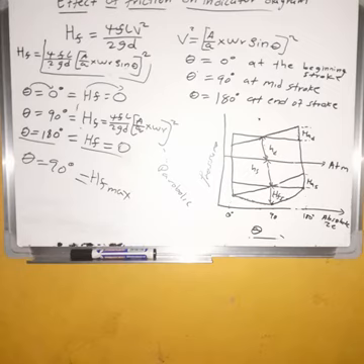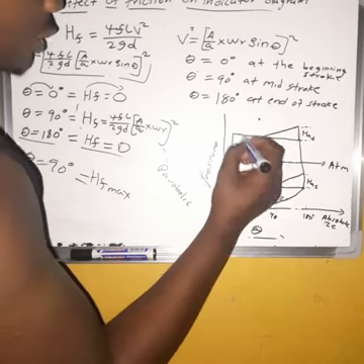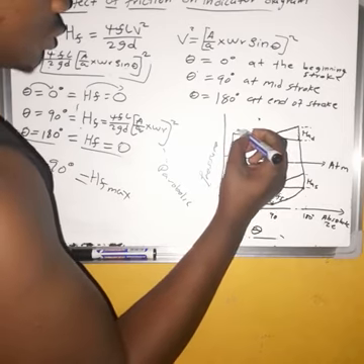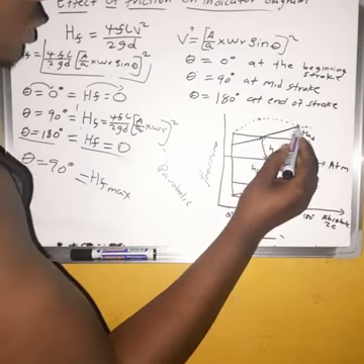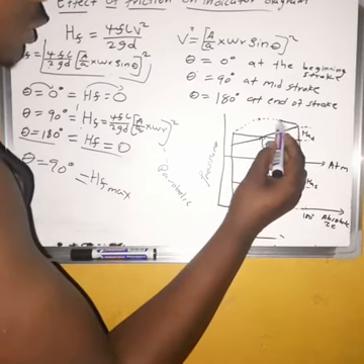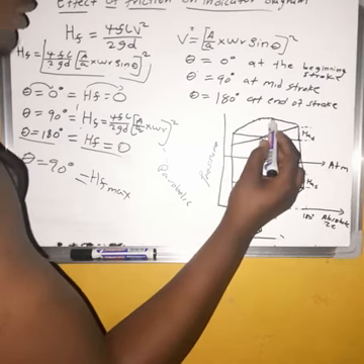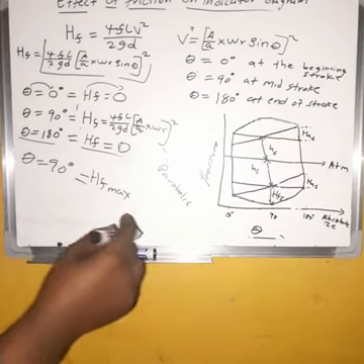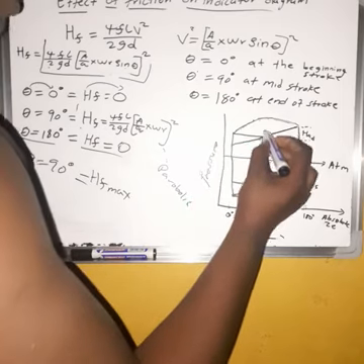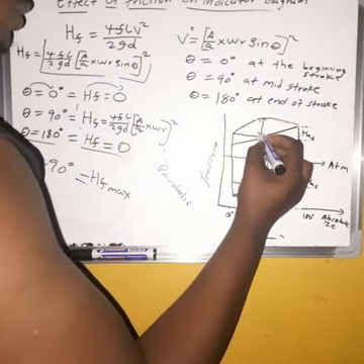Then we can try and have something shaped like a parabola. Also here we have something of this nature from here until there.